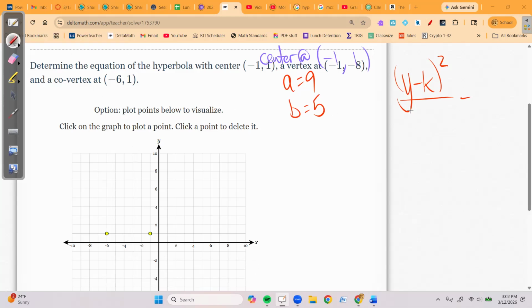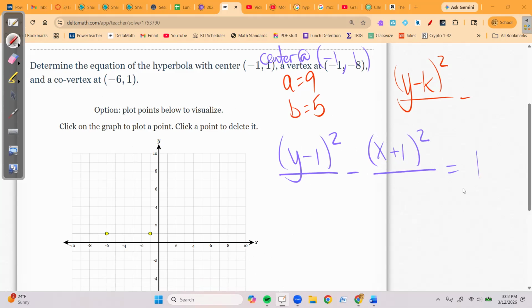So I'm going to start by writing my y minus k squared. So that's going to be y and then what? y minus 1, squared. And I don't like to worry about the over stuff yet. Just like I did with ellipses, I like to go minus and then build another fraction. And what's this going to be? x plus 1, squared, and then it always equals 1.